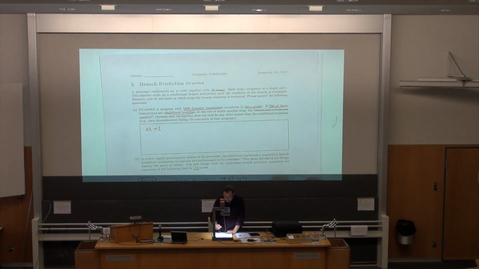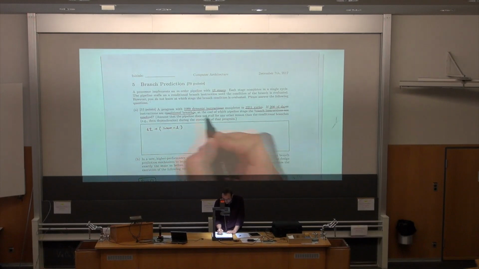So after 12 cycles, we have 1,000 minus 1 other dynamic instructions. So we can safely assume that these all are going to take just 1 cycle, since this is an almost ideal system.